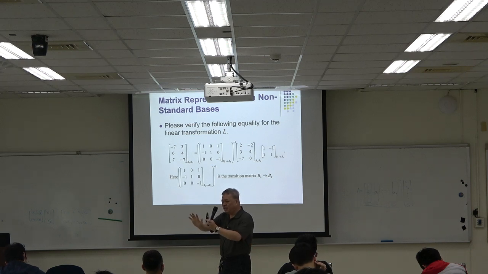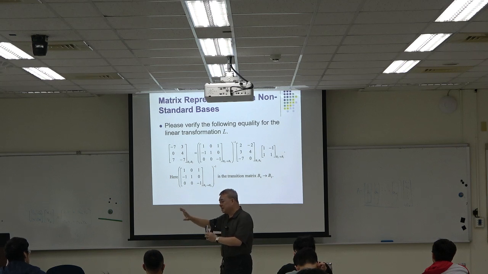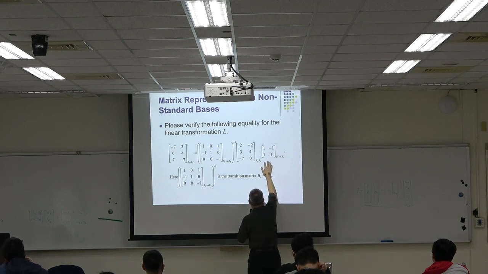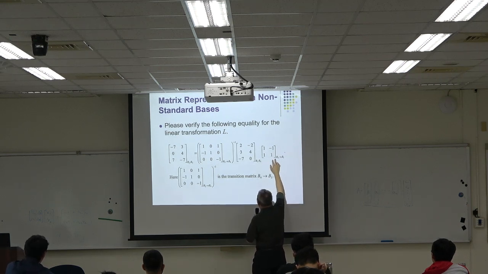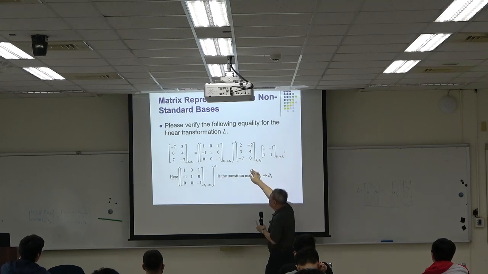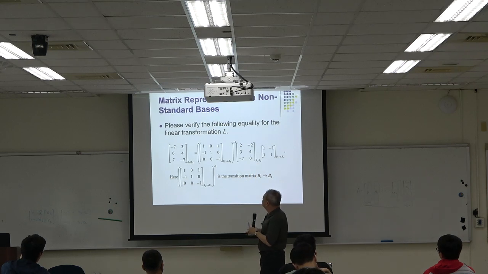If you use one basis, you can use a matrix to capture a change of basis from one basis to another. So this one represents changing basis from B3 to B1. And this one is from B1 to B4, representing the same linear transformation.